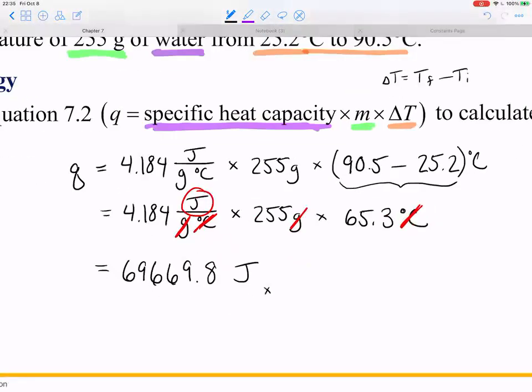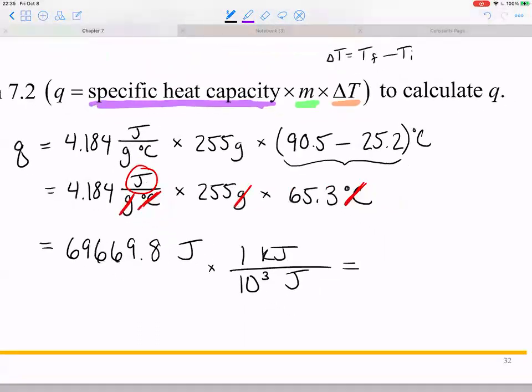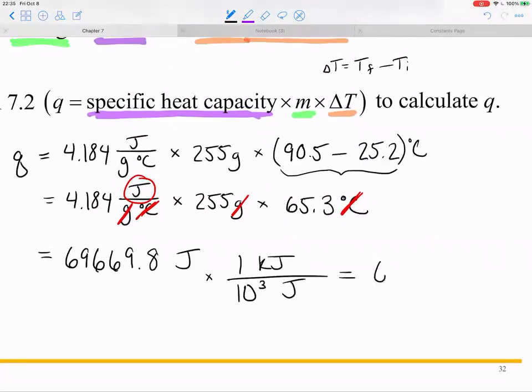So in order to convert from joules to kilojoules, I have to use the fact that 10 to the 3 joules is equal to 1 kilojoule. Punch that into my calculator and I get 69.6698 kilojoules.